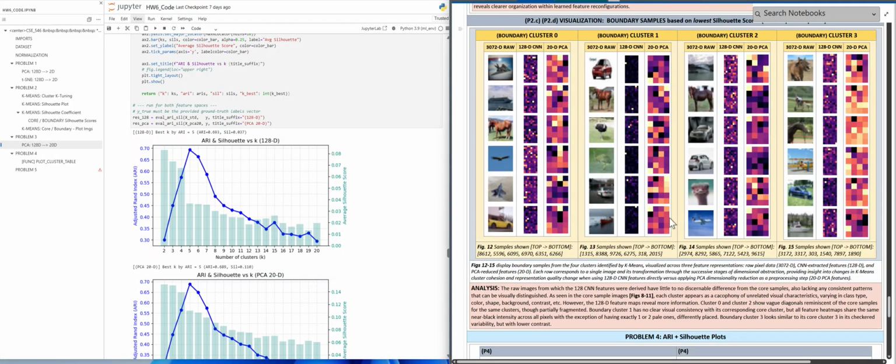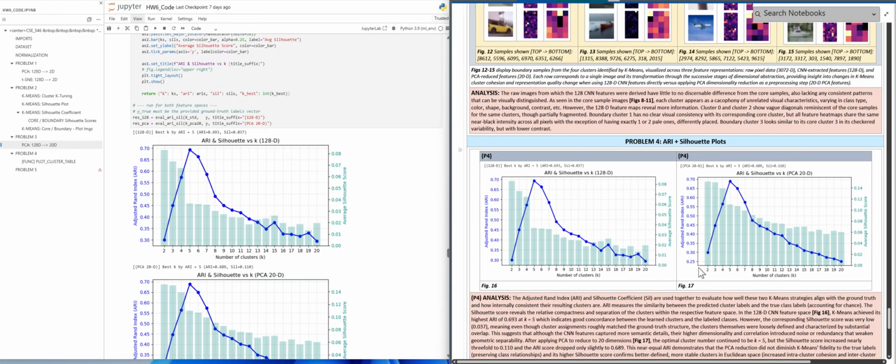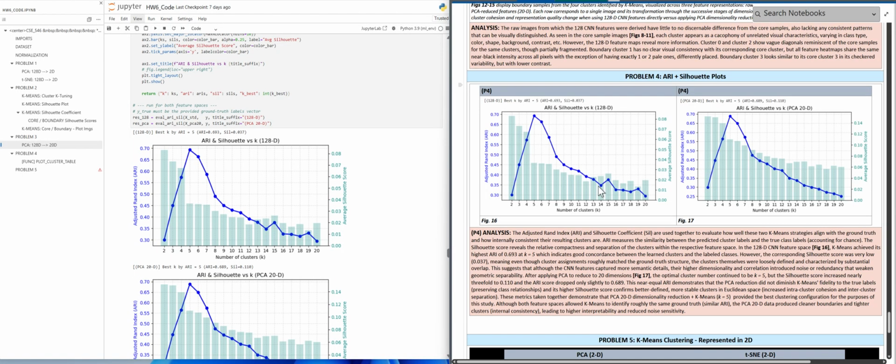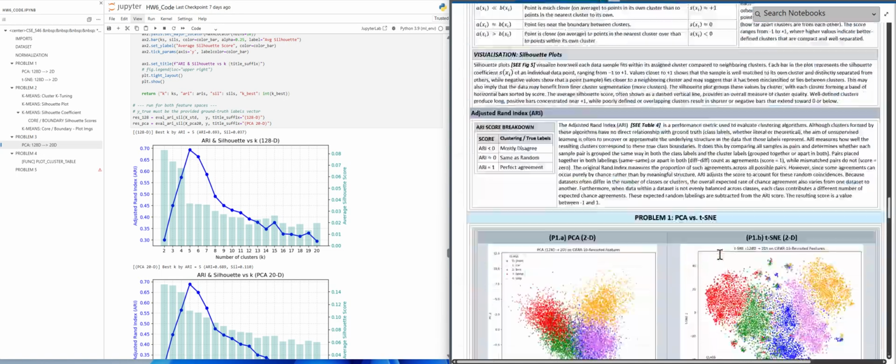Okay, so coming down here, the ARI is the measurement of, this is where you're making predictions with the clusters. Wait, do you make predictions? Hold on, I got myself turned around.